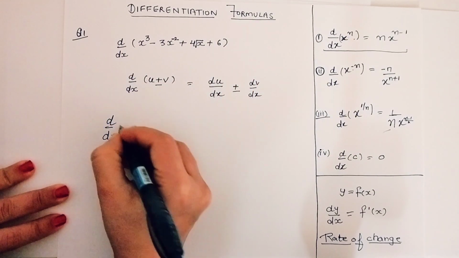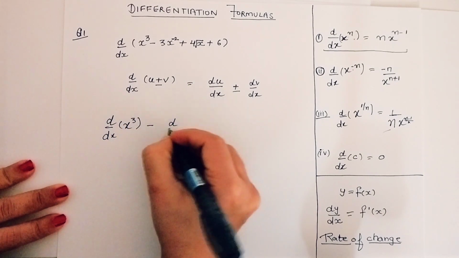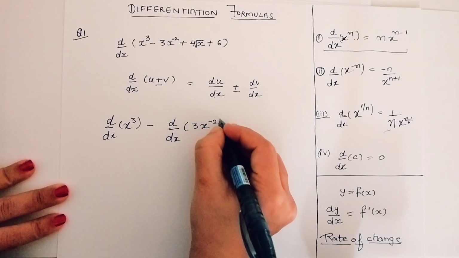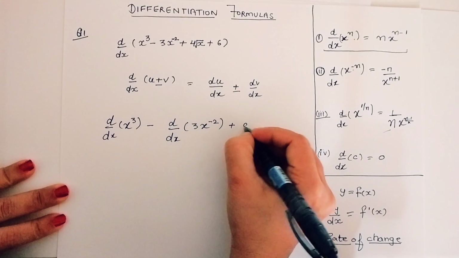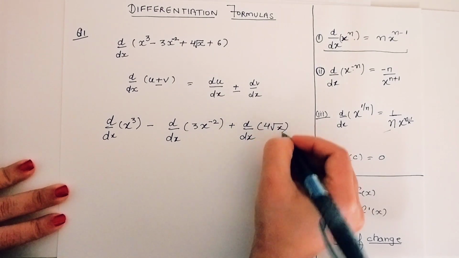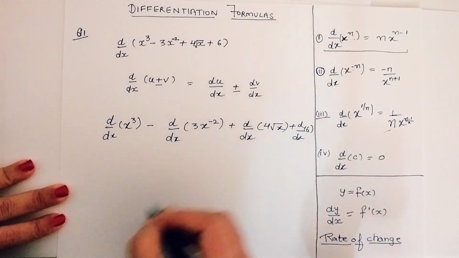d by dx of x cube minus d by dx of 3 x raised to power minus 2 plus d by dx of 4 under root x plus d by dx of 6.